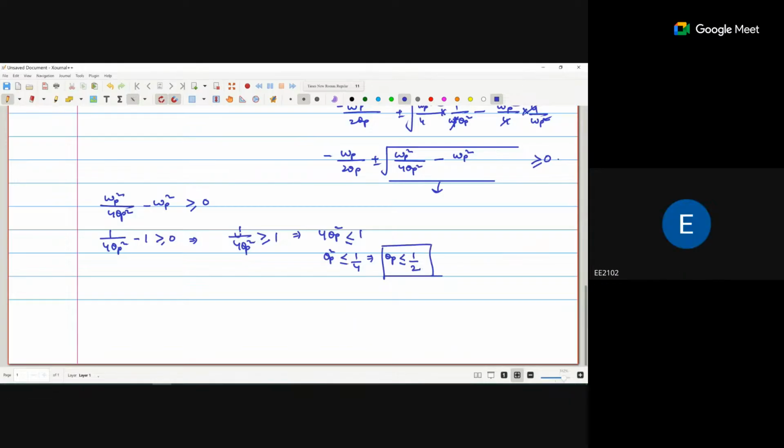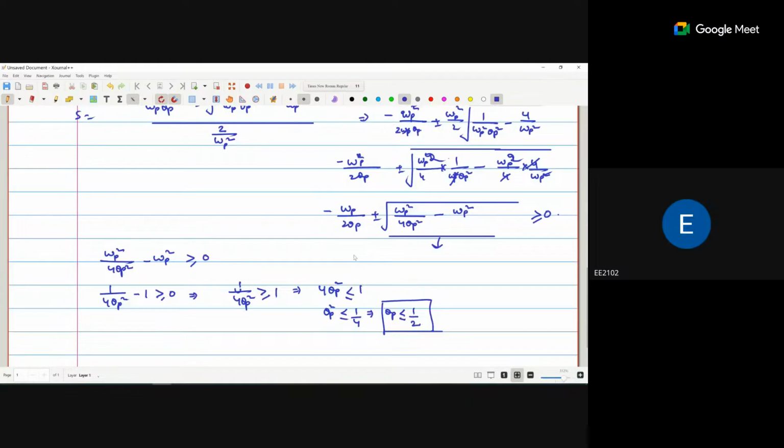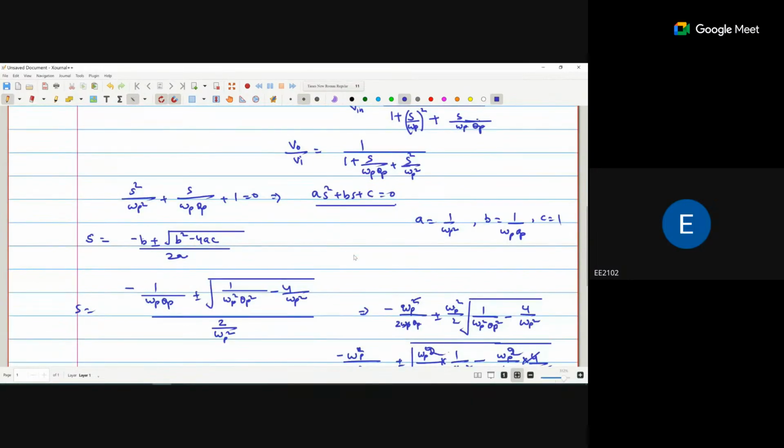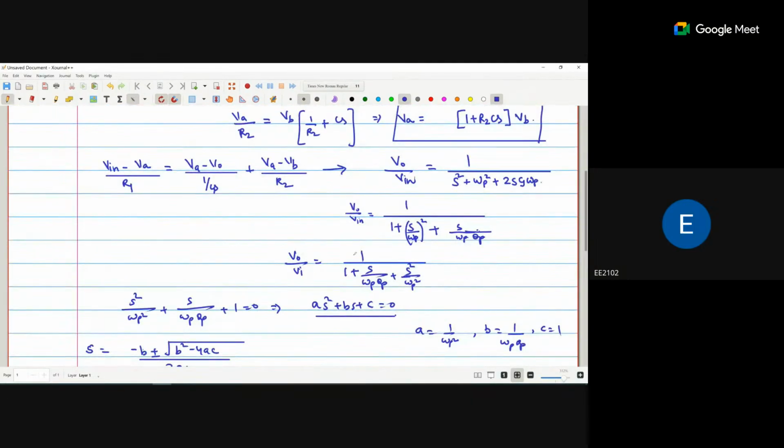Now what is your qp that you are getting from the equation V naught upon vi, the equation that you solved? On that particular equation you identify what your QP is. You apply it not for the generalized equation but for the equation that you get from solving this.